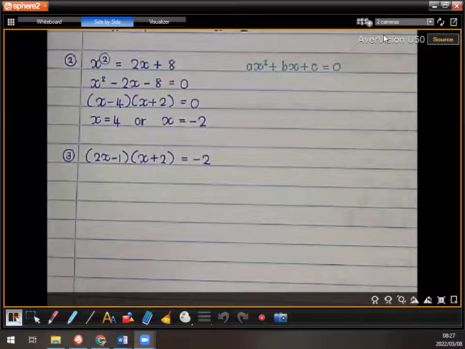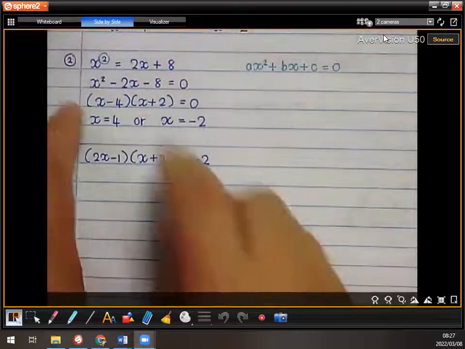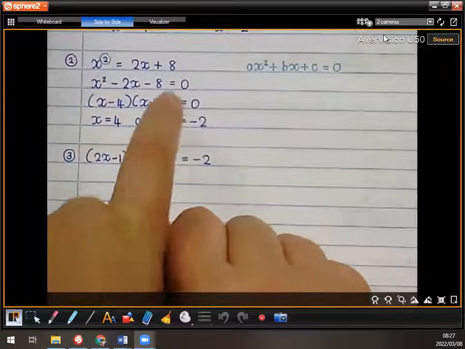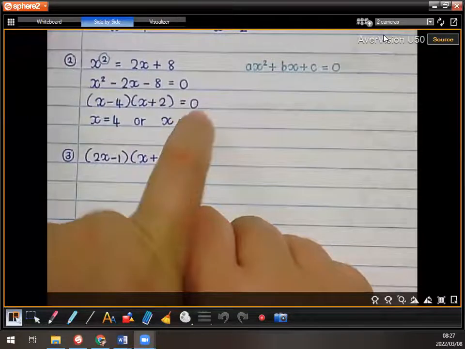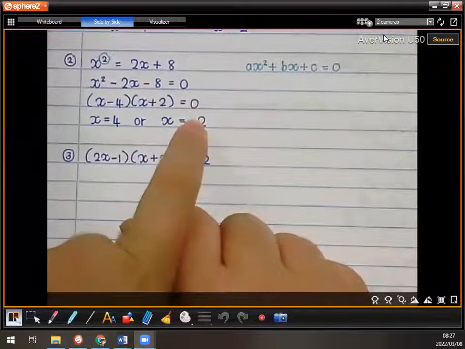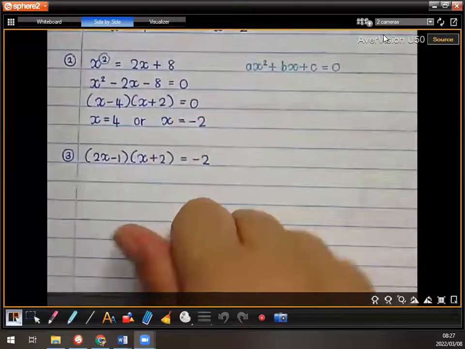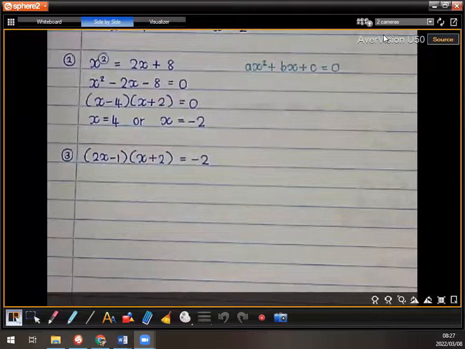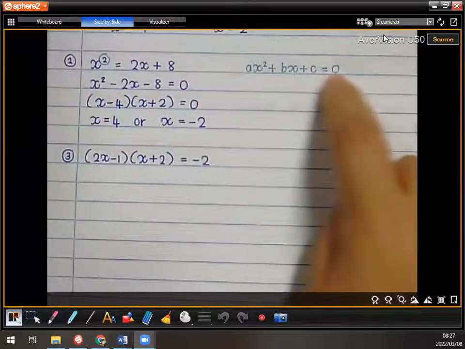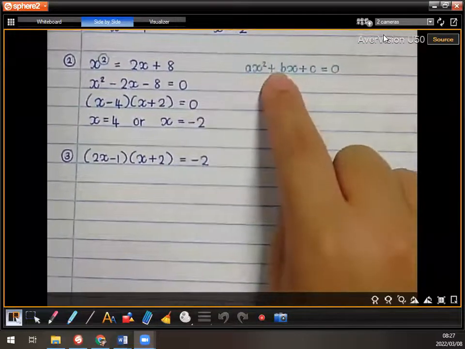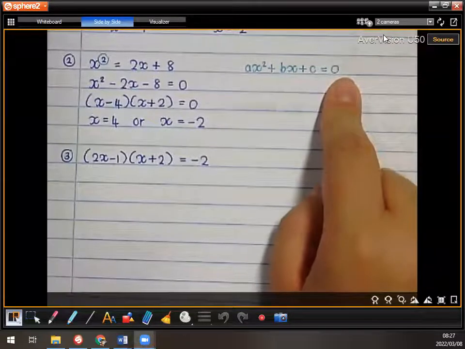No, because there's a negative 2 on the other side. For this property where we can say the one bracket equal to 0 or the other bracket equal to 0, you have to have a 0 on that side. Because 0 is the only number that if you multiply anything by it, it will give you 0. That is why we always say you have to get everything on the one side and equal to 0.